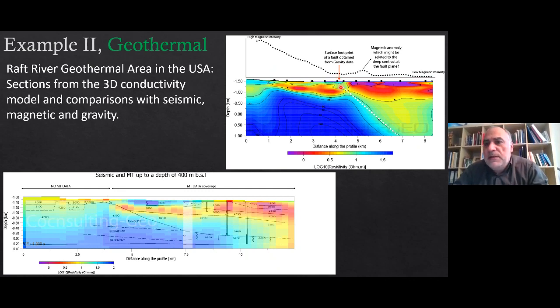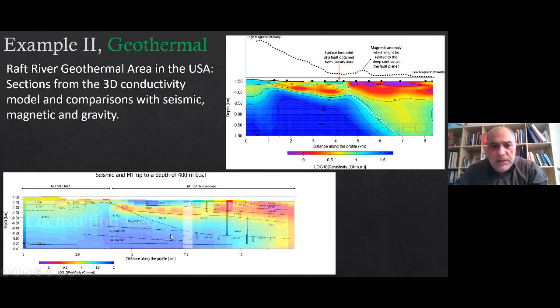Now, if you extend that location with depth, you will see that this dashed white line correlates very well with the position here, and also the transition from the basement, which is resistive here, to a more conductive anomaly in that part. We still haven't completely interpreted this data, but as you can see, there is another tiny magnetic anomaly, and maybe it is related to that contrast also at greater depth.